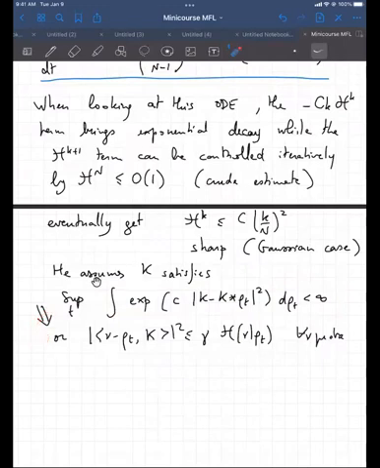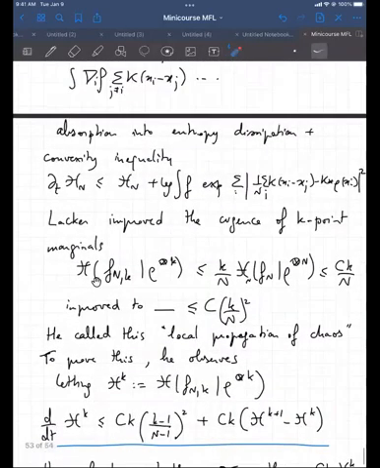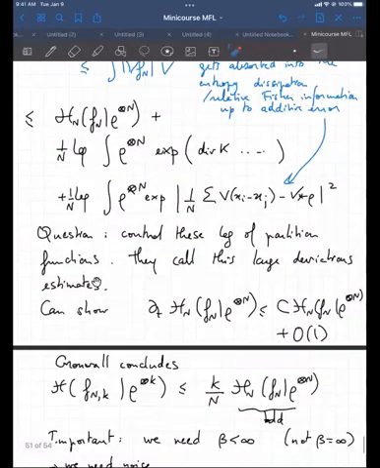And so this is certainly satisfied when K is bounded, if I remember correctly.